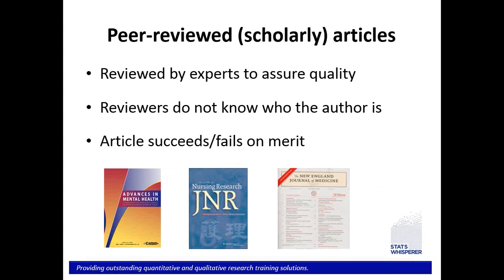And because it's blind, the reviewers don't know who the author is. So the author could be another leader in the field or just a beginner, right? So the article will succeed or fail upon its own merit. So it's set up in a very satisfactory way.